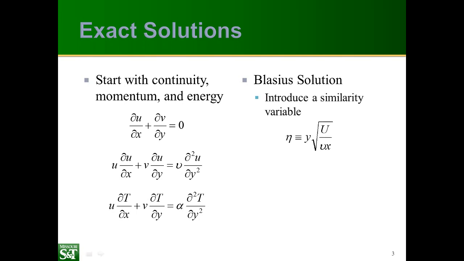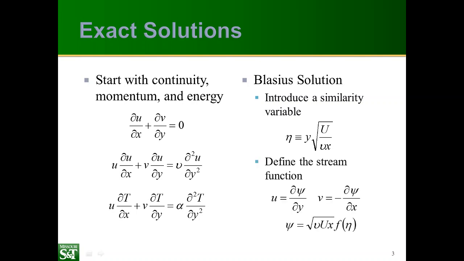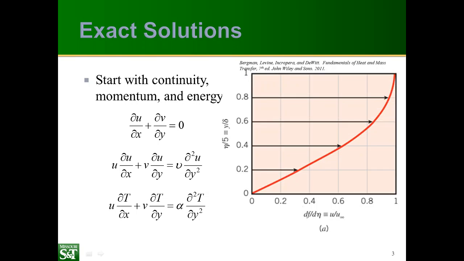He used some mathematics and dimensional analysis to find what we call the similarity variable, eta, and then he also defined the stream function to convert this partial differential equation into an ordinary differential equation, and then solved that numerically to find the velocity profile in the boundary layer. And then once he had this velocity profile, he was able to obtain equations for the boundary layer thickness, the skin friction coefficient, and the drag coefficient.